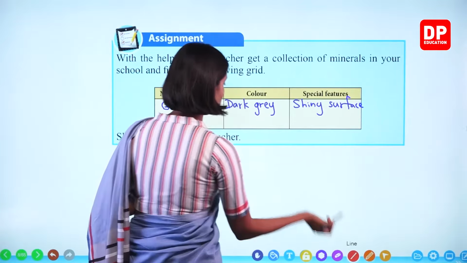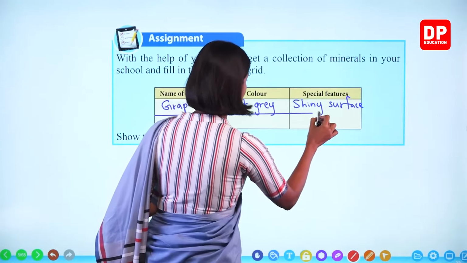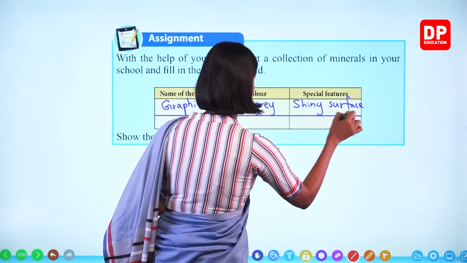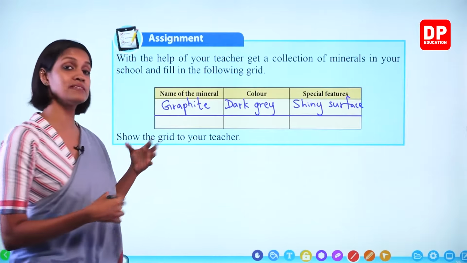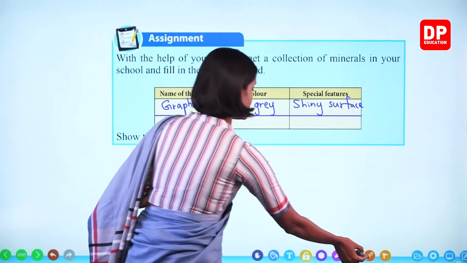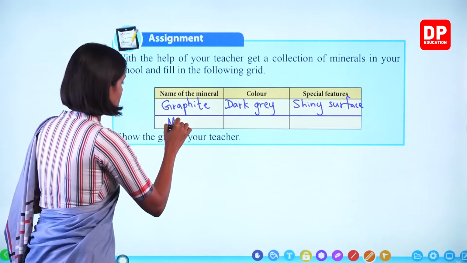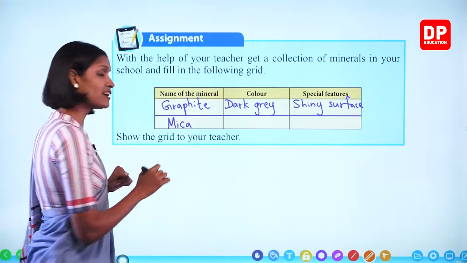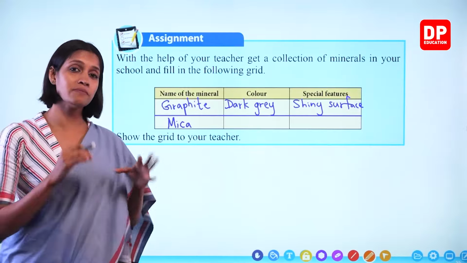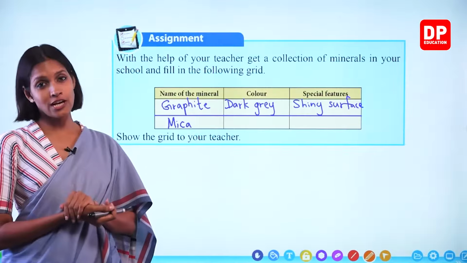Okay, I will write one more example here. So when you do this activity, you have to observe as many minerals as you can, and you can make your list longer. I will write mica. What did you observe? Mica, we observed in two colors. One piece was black, the other one was light brown in color.